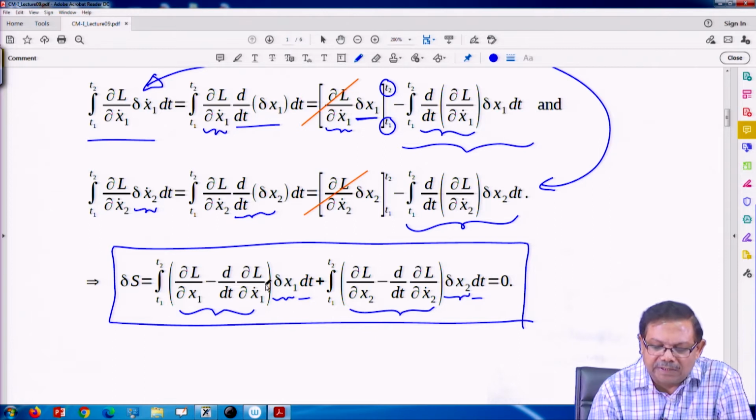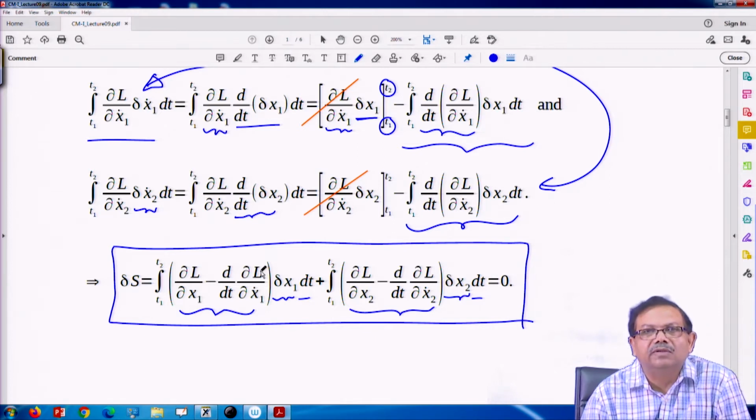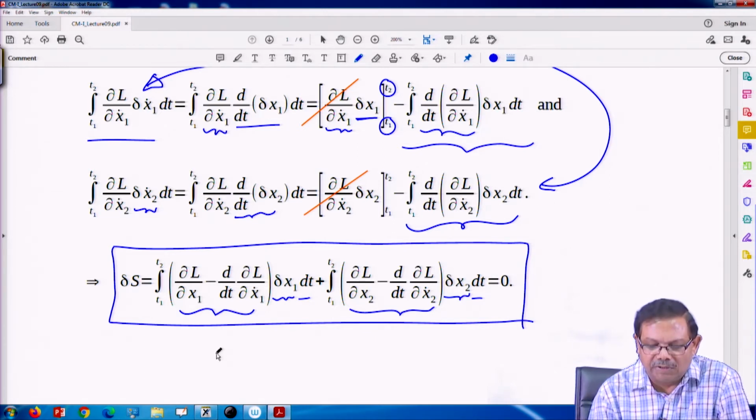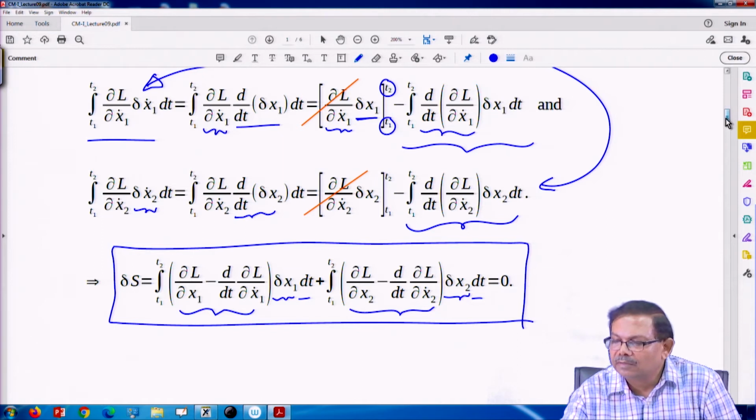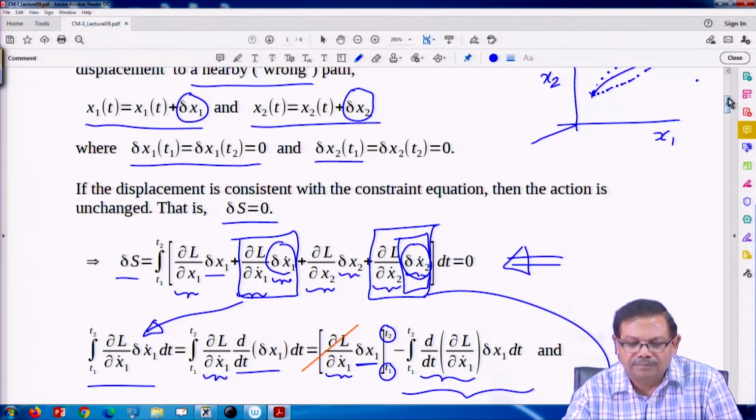So, we had set the coefficient of each equal to 0, because the integral has to be 0, so each of them has to be 0. But that argument is no more valid now. Why? Delta x 1 and delta x 2 are no more independent of each other. Because of the constraint equation, they are connected.